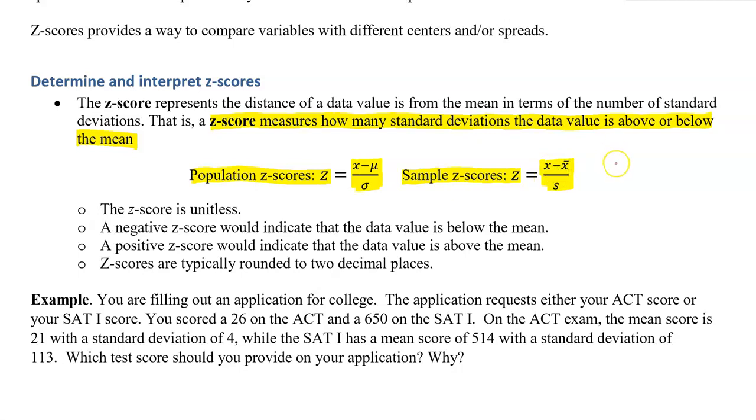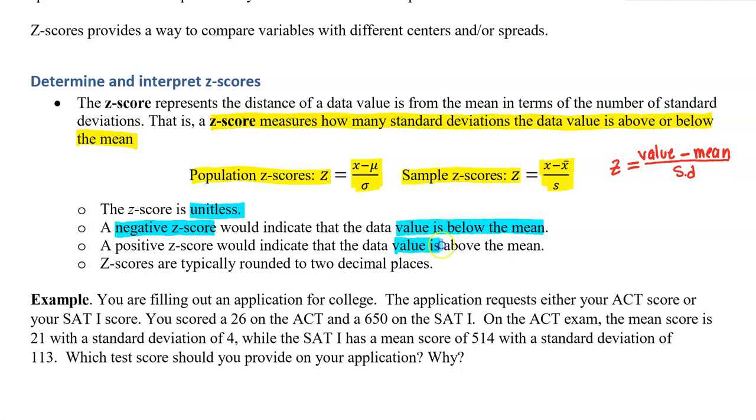So at the end of the day, the z-score has a general formula: we take the value of interest, or the observation of interest, subtract the mean, and divide by the standard deviation. Now z-scores do not have units, and if an x value is below the mean, then the z-score will be negative.